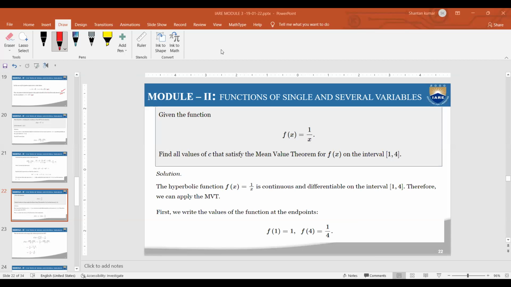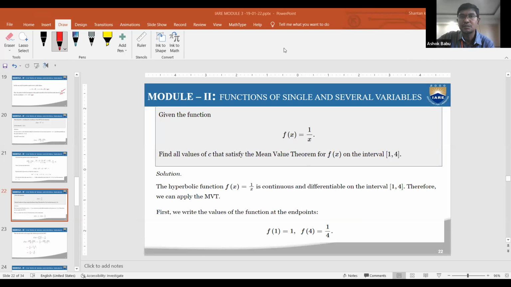Sir. Okay. Any other persons? Simple problems are also unable to do. That means what is the problem? Simply eating and sleeping.